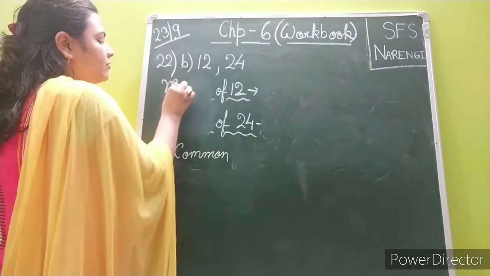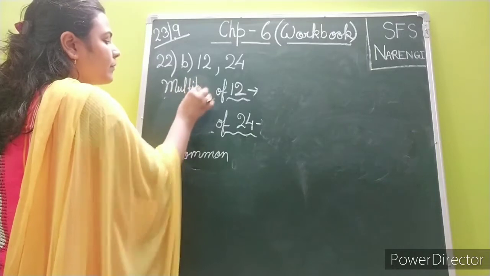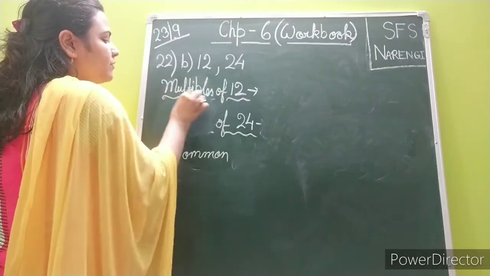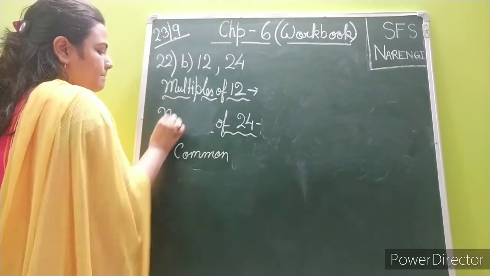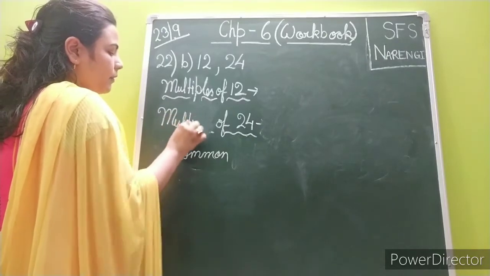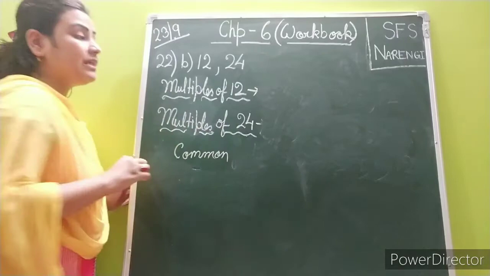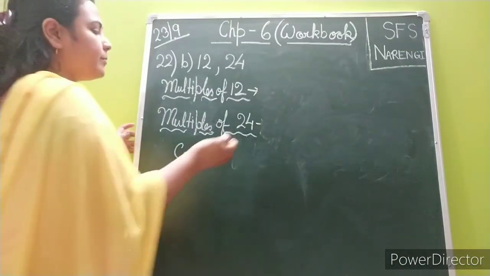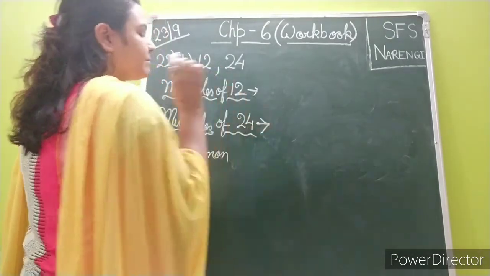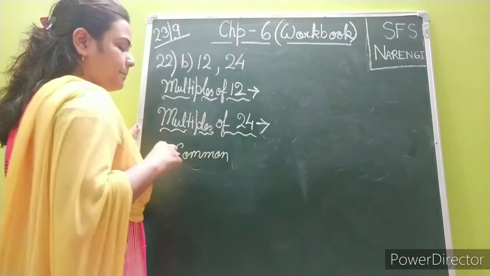So we have multiples of 12, multiples of 24, and their first common multiple will be their LCM.